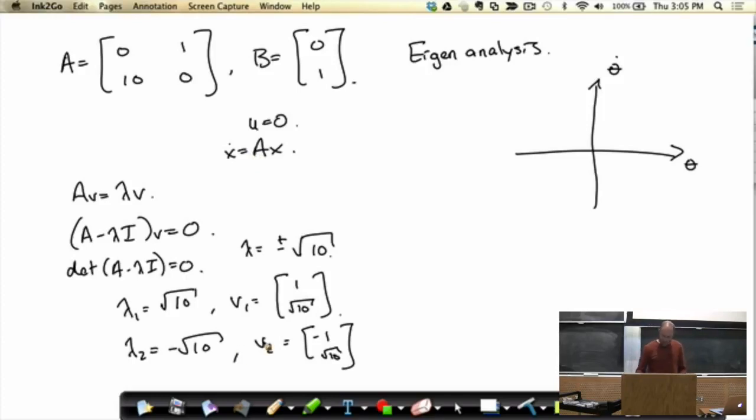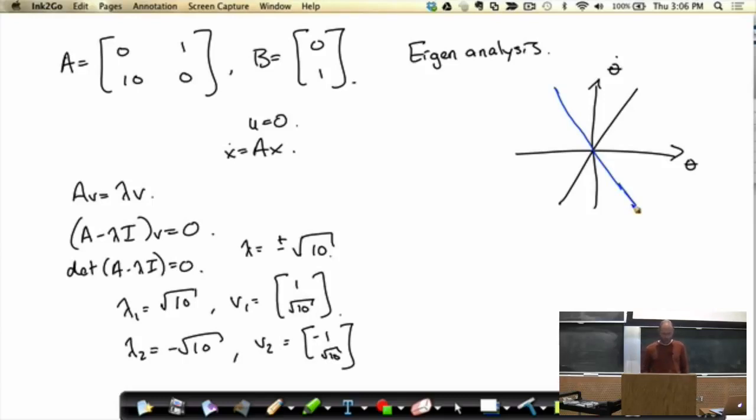Let's draw them on the phase portrait, because it's very important. They tell me everything about the behavior of the system. So this is some vector that's elongated like this, and this is some similarly elongated vector in the other direction. They both should point through the origin.